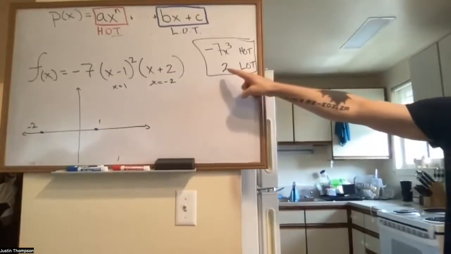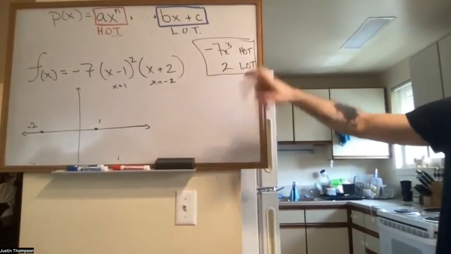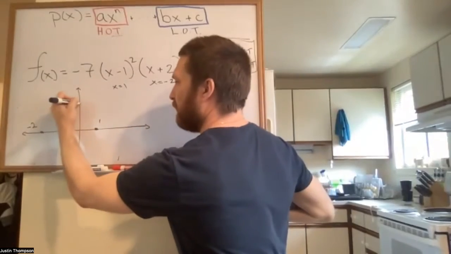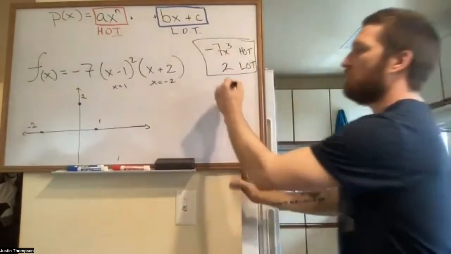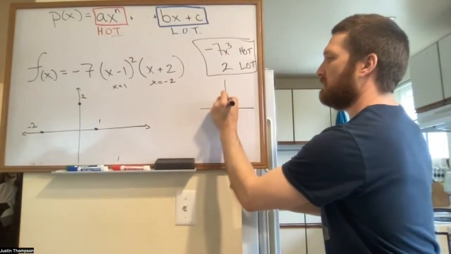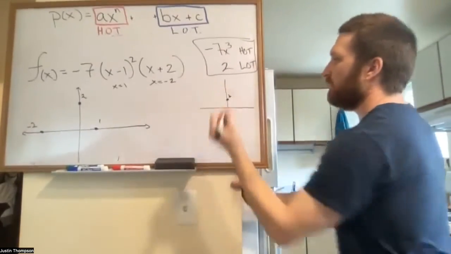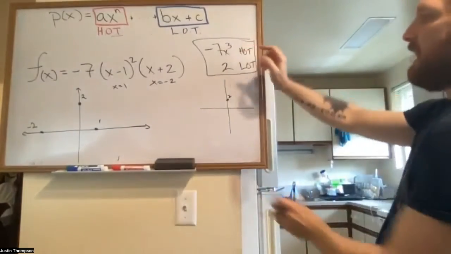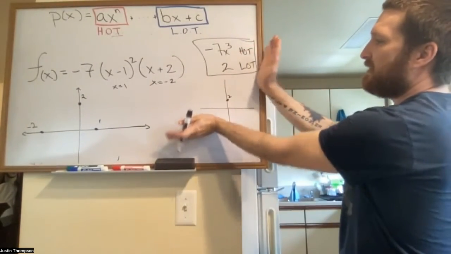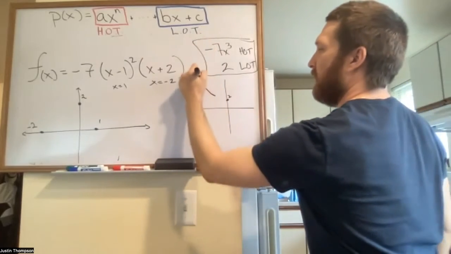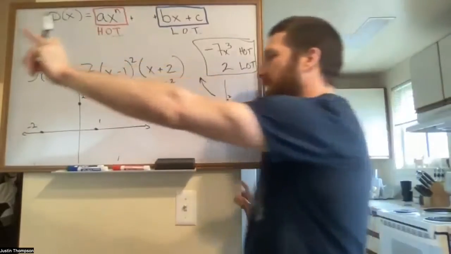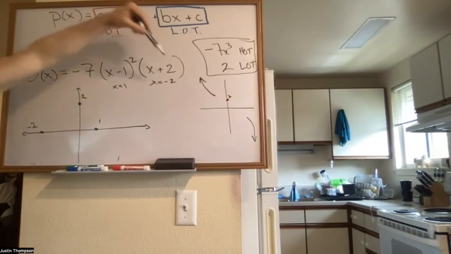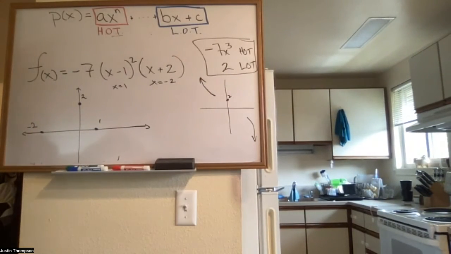From this, I know that +2 is my lowest order term, so it has to go through up here at +2. From the highest and lowest order terms, I could do my nifty little analysis and say, okay, goes through here at 2. It's an odd power, so it goes like this, but it's flipped upside down. So it has to go up like that, down like that. And so I'm going to start from the left-hand side and say, okay, well, he's got to come from the top down. So he's going to come down like this.